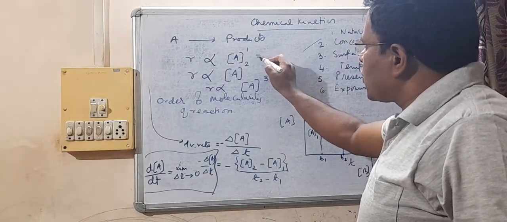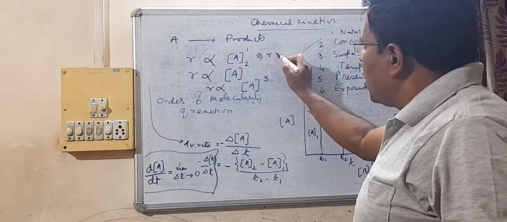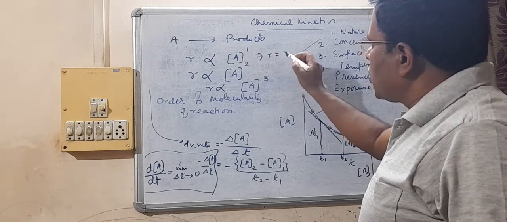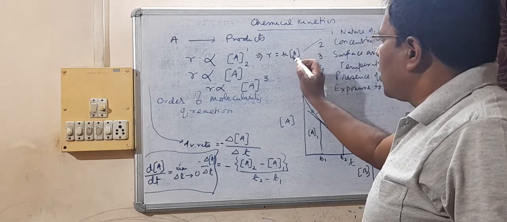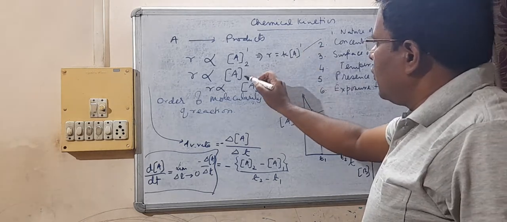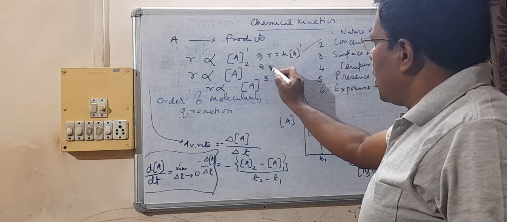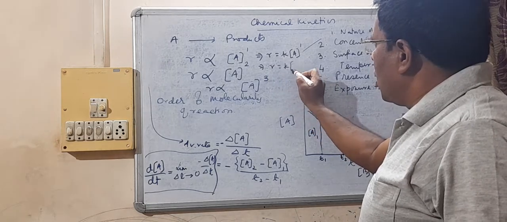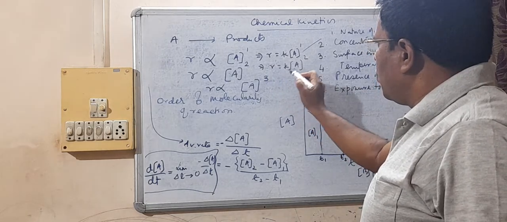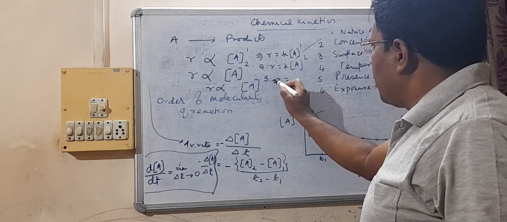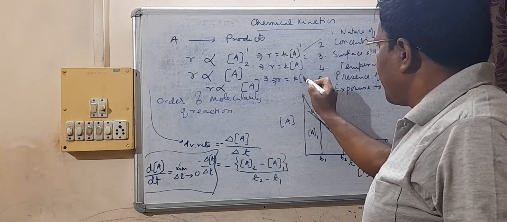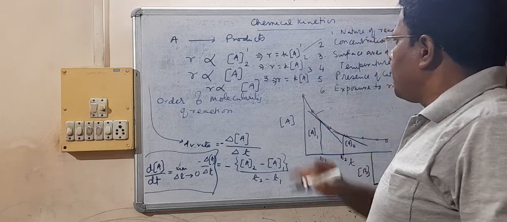Now, from the first one, we get R is equal to K, a proportionality constant will come, K[A] to the power 1. If this is true, then it will be R = K[A] to the power 2. If this is correct, R will be equal to K[A] to the power 3.